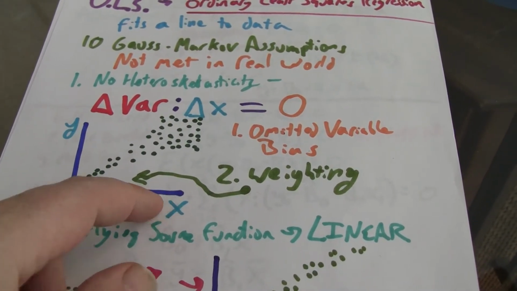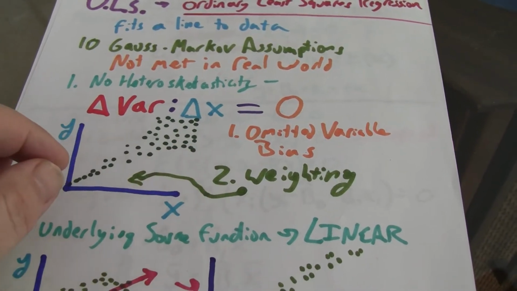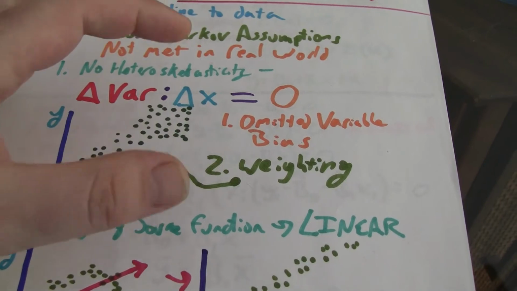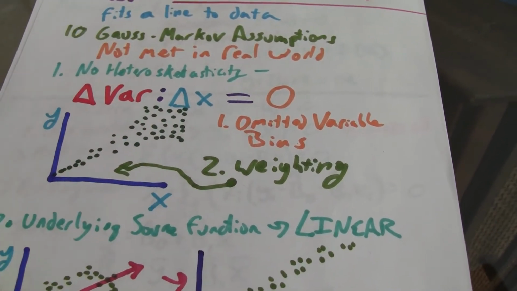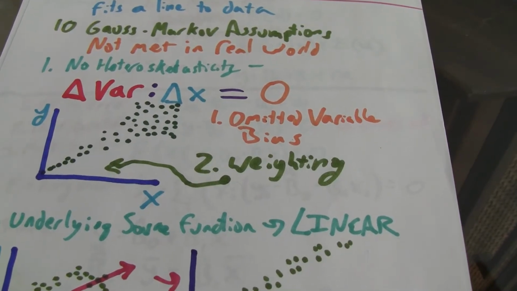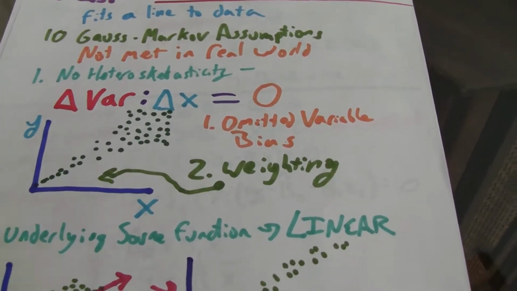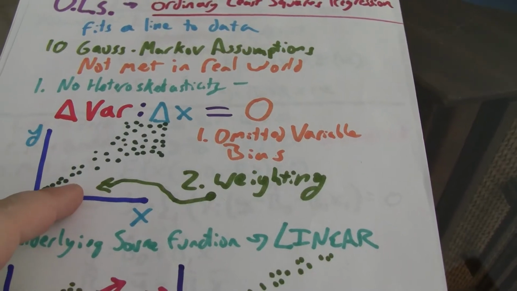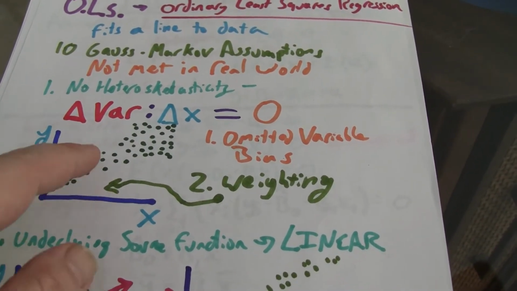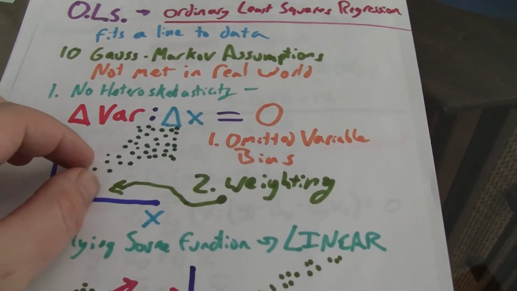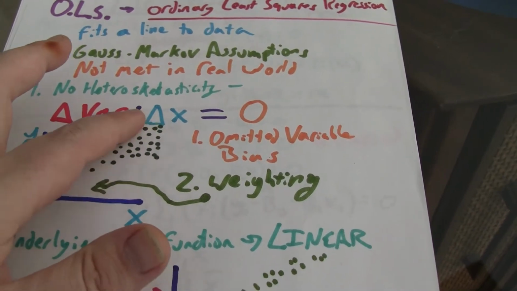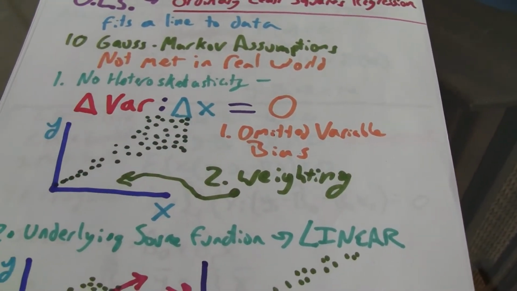Or perhaps there's something about this data that as x goes bigger, the volatility, the variance gets more spread out, and that's just part of the actual function, in which case the answer is to try and weight the observations that are closer together, because they're more close to the actual relationship, where these ones are more spread out and we're not sure where the relationship is within that.